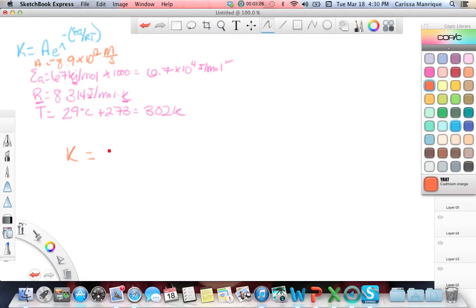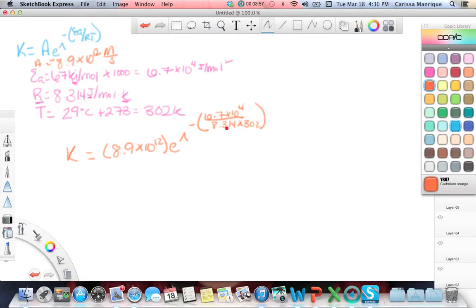Okay, so K will equal A, which is 8.9 times 10 to the 12th, e raised to the minus Ea. Ea is 6.7 times 10 to the 4th, divided by R, which is 8.314, times temperature, which was 302.